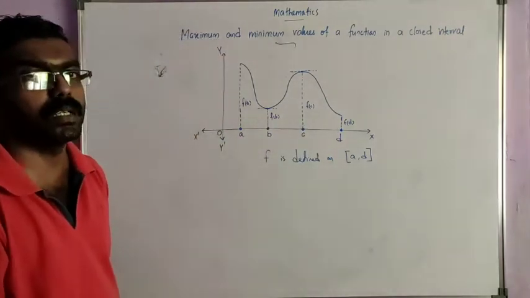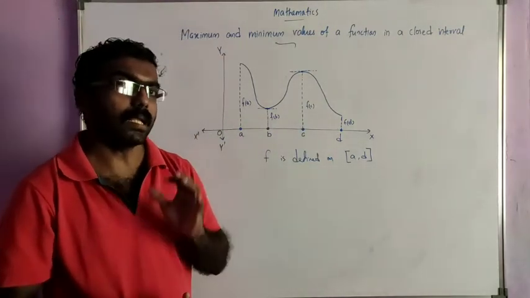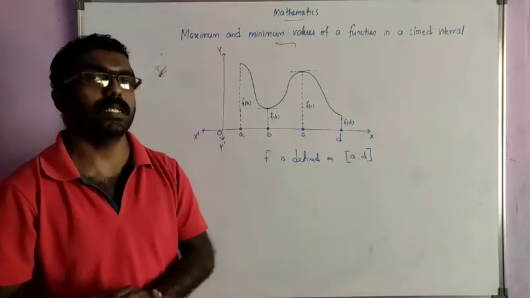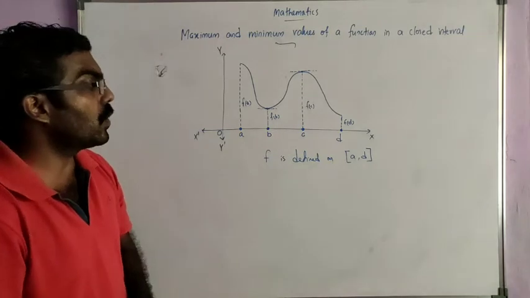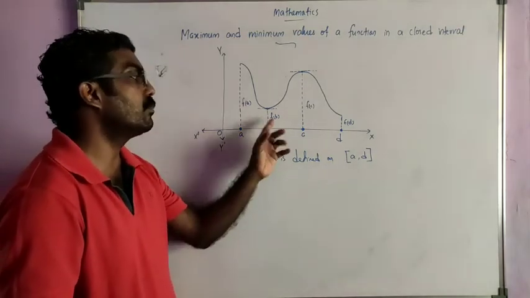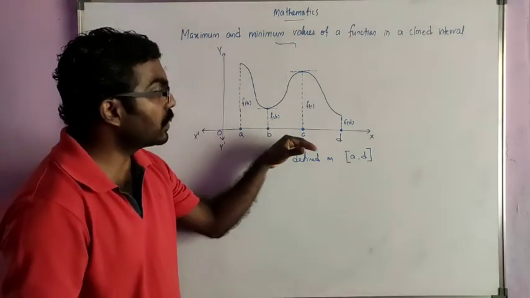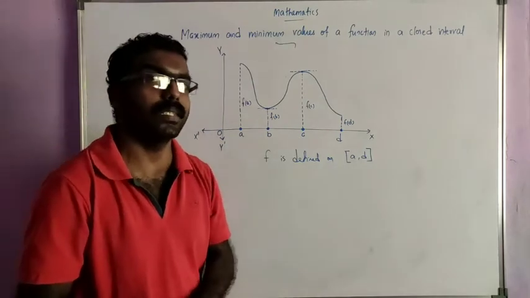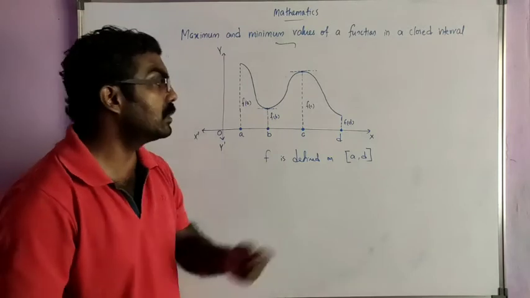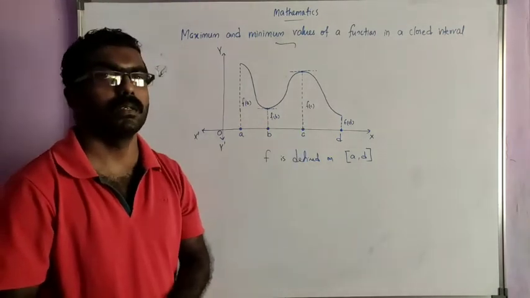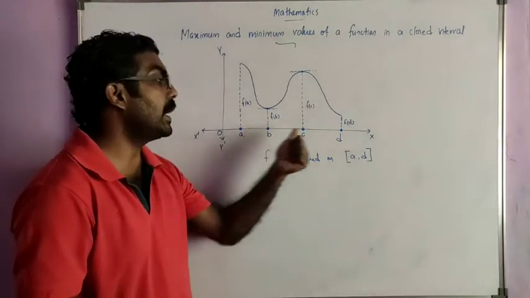F of c. So we can conclude at x equal to b the function attains its local minimum and the local minimum value is f of b. And at x equal to c the function attains its local maximum and the local maximum value is f of c. And what about at the points a and d?